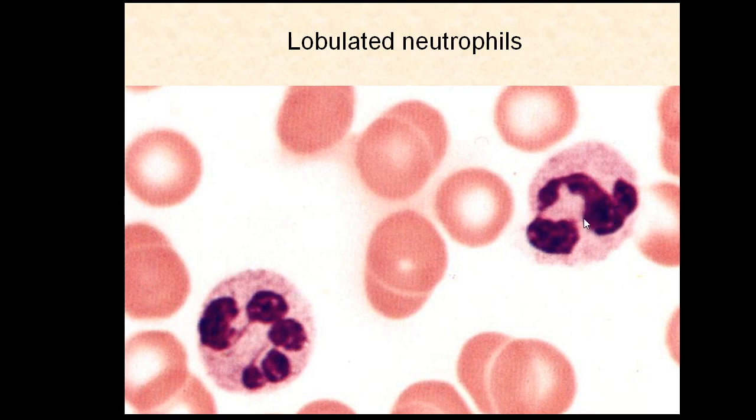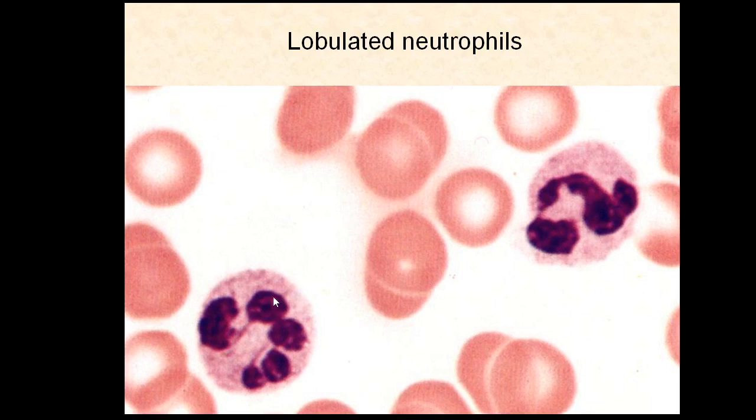That's why this cell is on the way to the formation of this neutrophil. But we recognize it as a segmented, mature, multilobulated, or simply lobulated neutrophil.